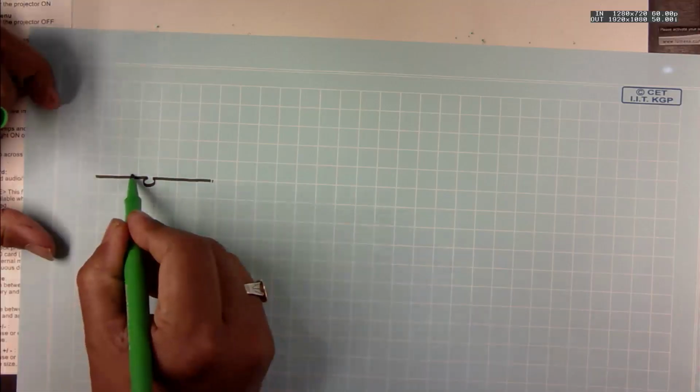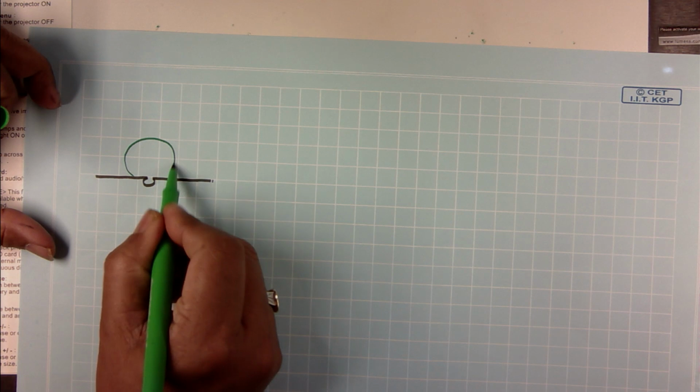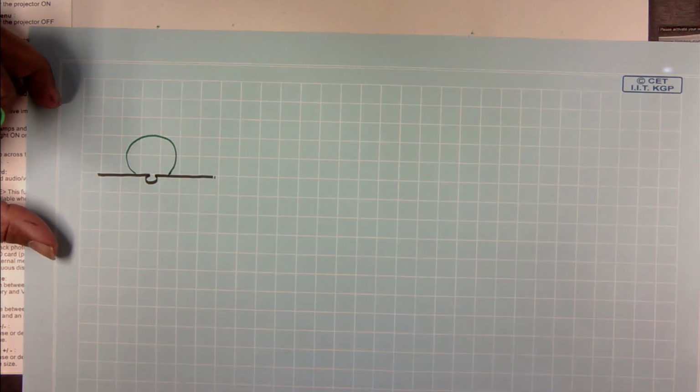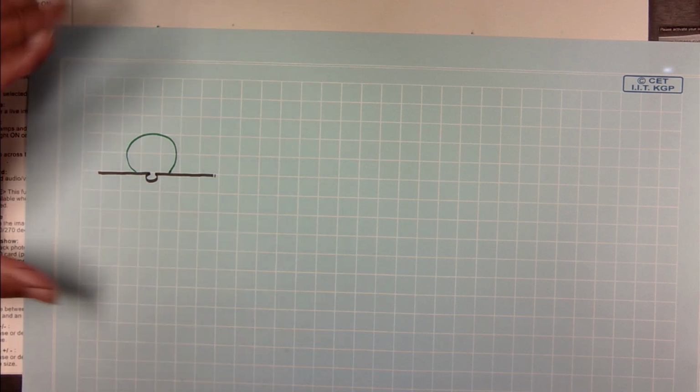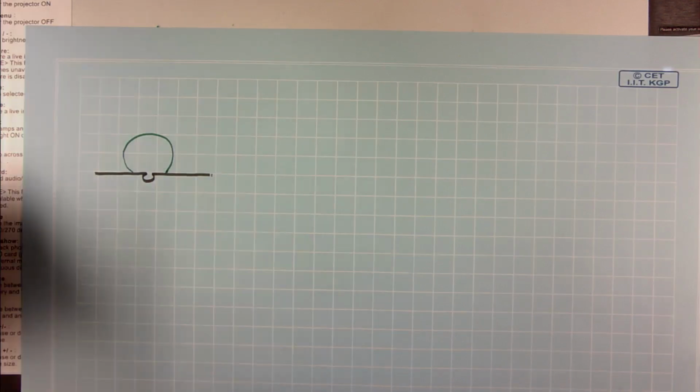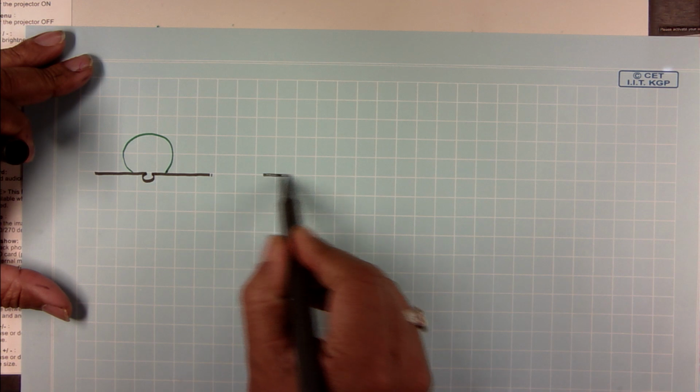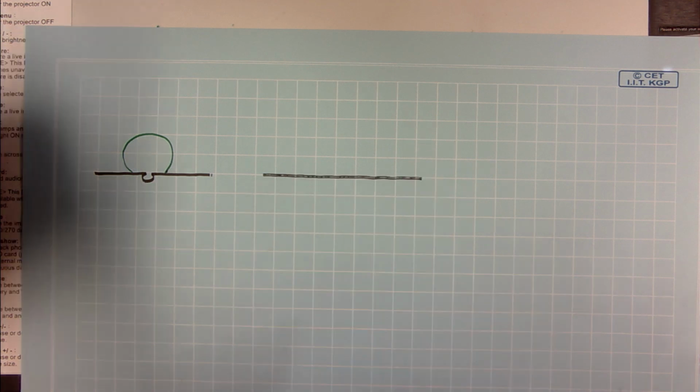So, let us say I have a small cavity and I have nucleated a vapor bubble on top of it. All right. So, that is my nucleate boiling situation. Now, let us look at a film boiling type of situation.